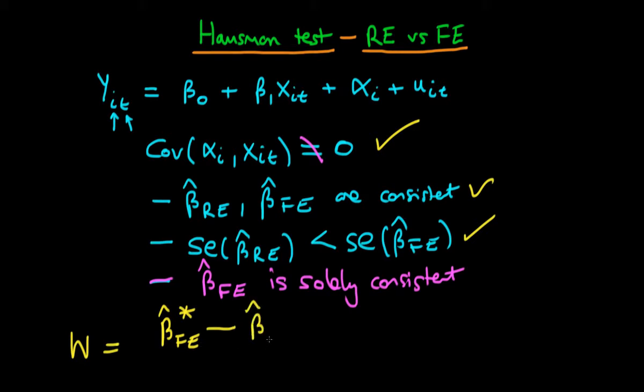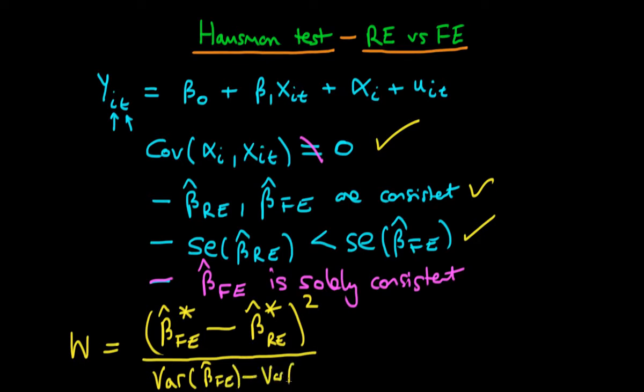And we take off the value which random effects outputs from that particular estimation strategy. And then we square the difference between these two estimated parameters via the two different estimation strategies. And we divide it through by the variance of the fixed effects estimate minus the variance of the random effects estimate.